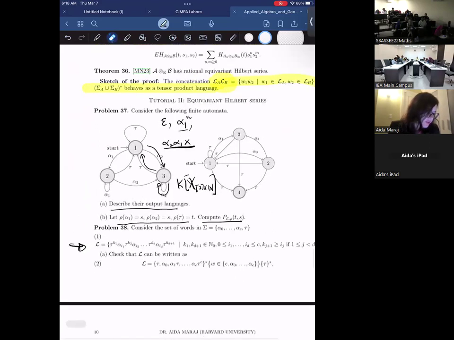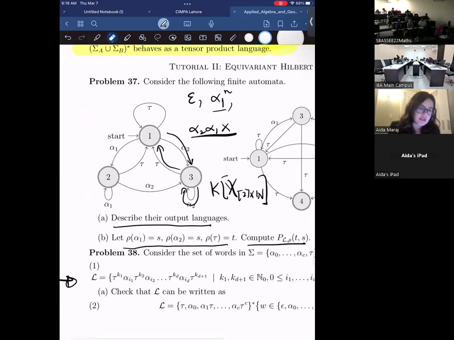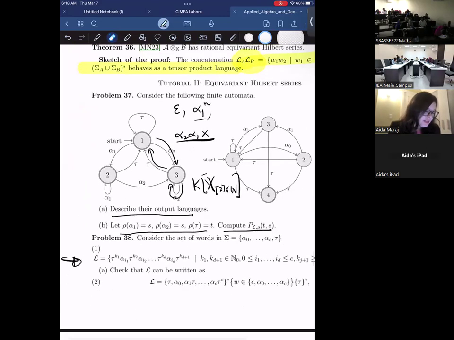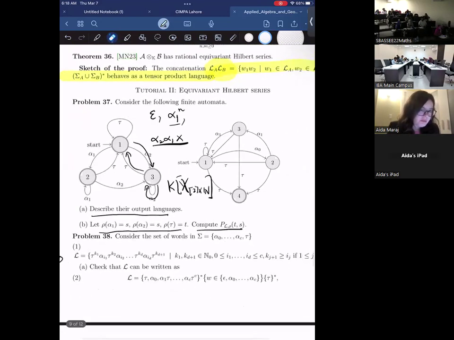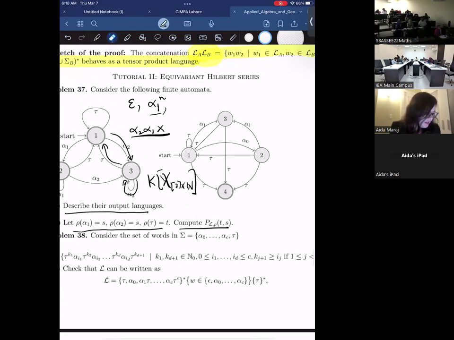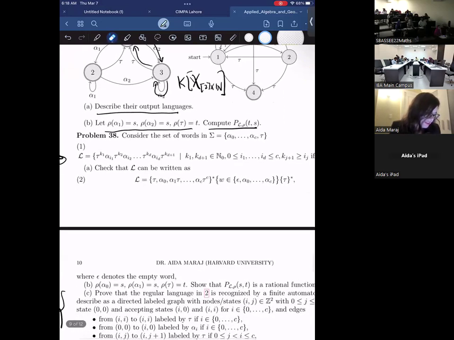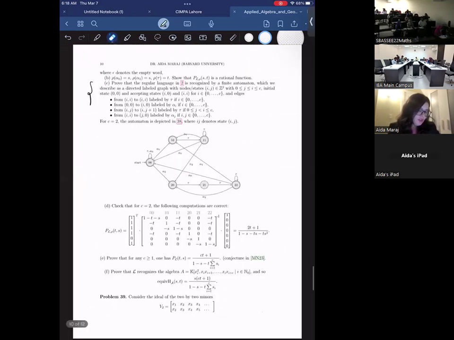Yeah, so the answer to the first one is already in the paper with Uwe. The second one, I do have the answer, but not in the paper. So if you want to check, I can tell you the answer. And problem 38, I already have given you some computations for cases when c is equal to 2.